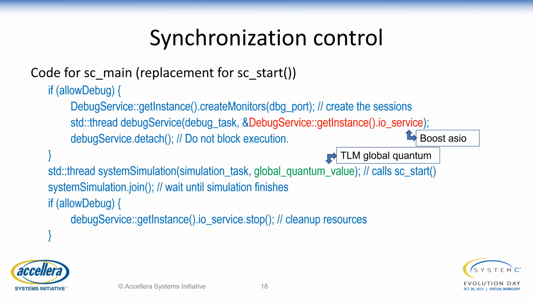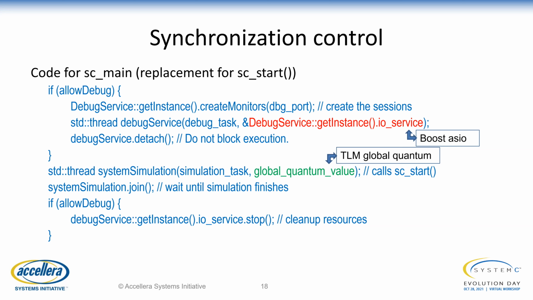So what are we doing in our SC main? Basically, instead of directly calling SC start like you would do for a normal simulation, we create the additional thread for the debugger control, for our debug service, and we create the parallel thread for the system simulation.